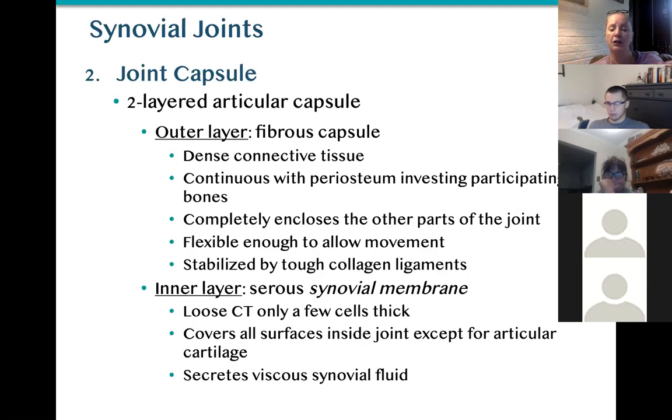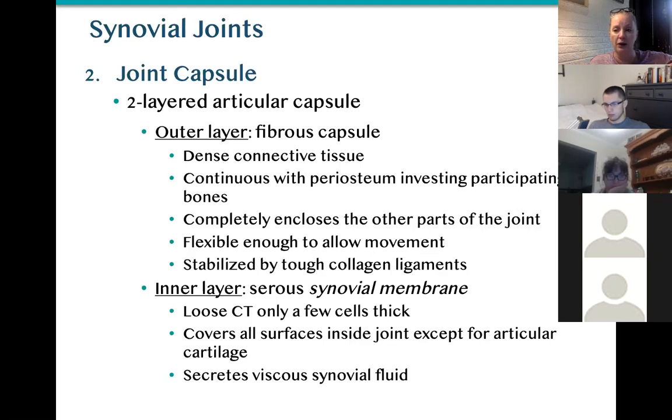Our joint capsule is also going to be stabilized by all the different ligaments that run around our joints, putting like bands of stabilization, almost like what you do when you want to stabilize your joint externally and you put on one of those elastic sleeves around your joint that you always see people wear to keep it a little bit more stable. Your ligaments serve that same purpose running around your joints, okay, with fibrous tissue.